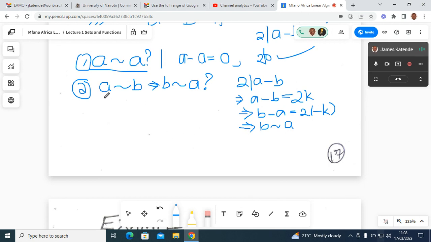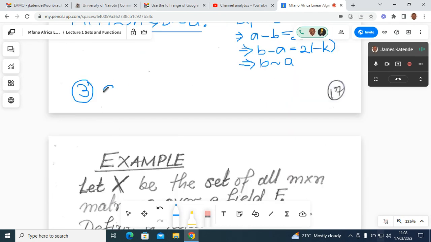So this proves that our relation is symmetric. So the last property that we need to check is, is it transitive? So what we need to check is, suppose we have a is related to b, b is related to c.